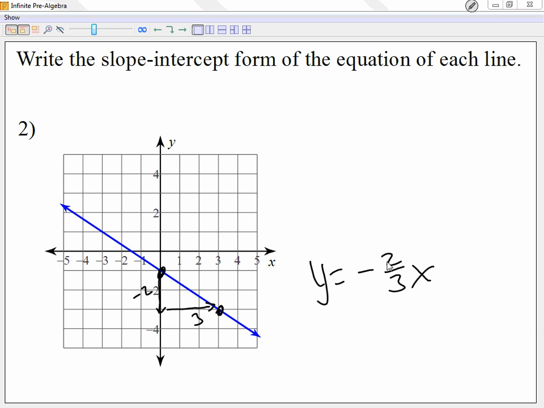So there's my slope. Once again, don't forget to simplify the fraction if possible. And then my number at the end, once again, a plus something or minus something, is the value on the y-axis where my line crosses through. So I'm looking at this point right here. The value of y is -1, so I'm going to put -1.